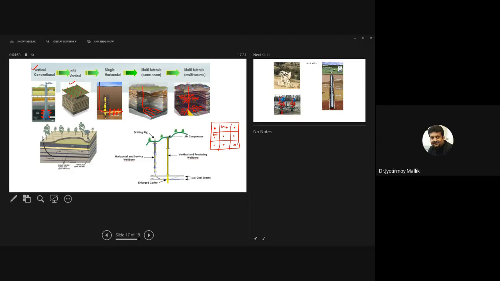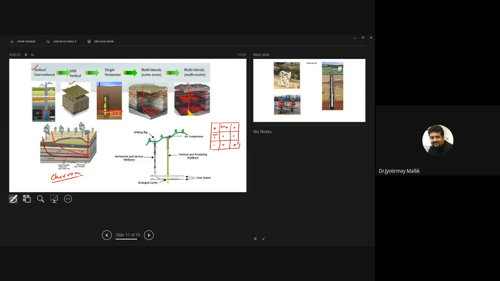There is another very special type of well that is drilled for coal bed methane, which we call the chevron well. This is the picture of it. This is only done for coal bed methane. There is one vertical well, and there are two inclined horizontal wells like this, and then they meet at a single point.